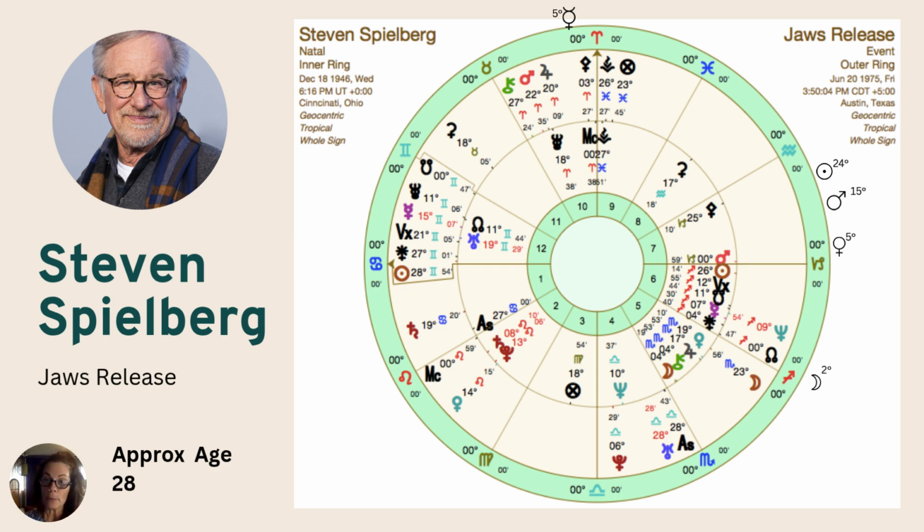We're starting with Steven Spielberg. And this first chart that we're looking at was for when Jaws was released. So, right out of the bat, we have Jaws. We know that it's a psychological thriller slash horror film about a shark in the ocean.